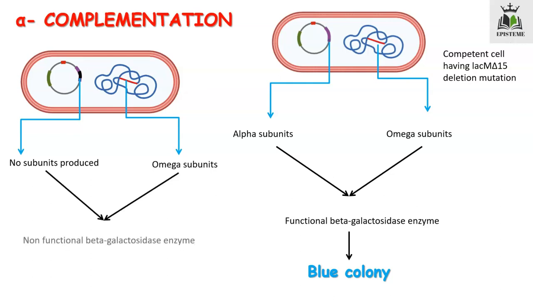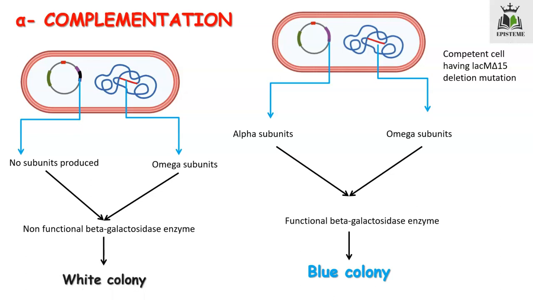As a result, we will get a non-functional beta-galactosidase, because both alpha and omega subunits are needed for the functional enzyme. Since we are only getting the omega subunits, the enzyme is not functional, the X-gal is not converted to the blue colored compound, and we are getting the white colonies. So this concept of alpha complementation has resolved the earlier problem of false signals.